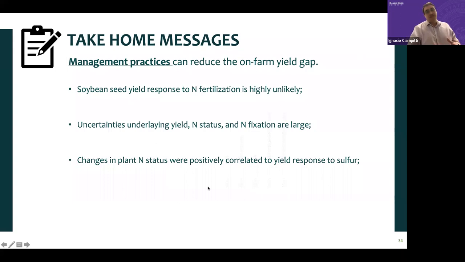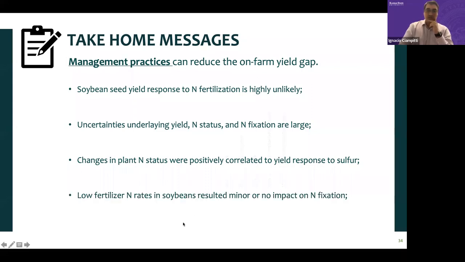And in going in that direction, these quantifications of nitrogen changes during the season really help us understand a little more about when the situations are where we can see response to sulfur. And mainly that yield response, as I mentioned before, was connected to sulfur application.